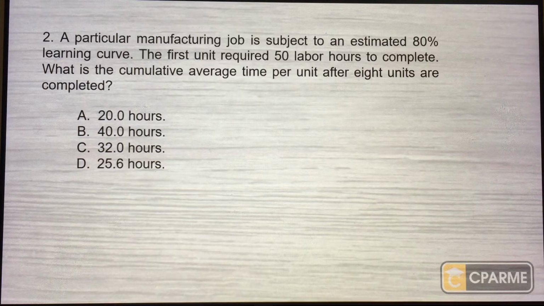What is the cumulative average time per unit after 8 units are completed? It's something to do with the learning curve. A particular manufacturing job is subject to an estimated 80% learning curve. So this 80% is the learning curve rate. The first unit required 50 labor hours to complete, so 1 unit is equal to 50 labor hours.